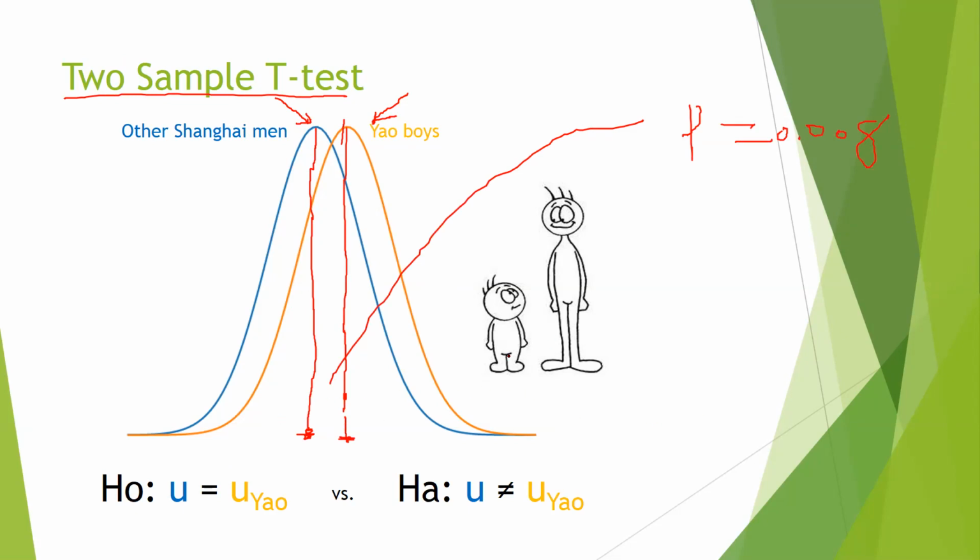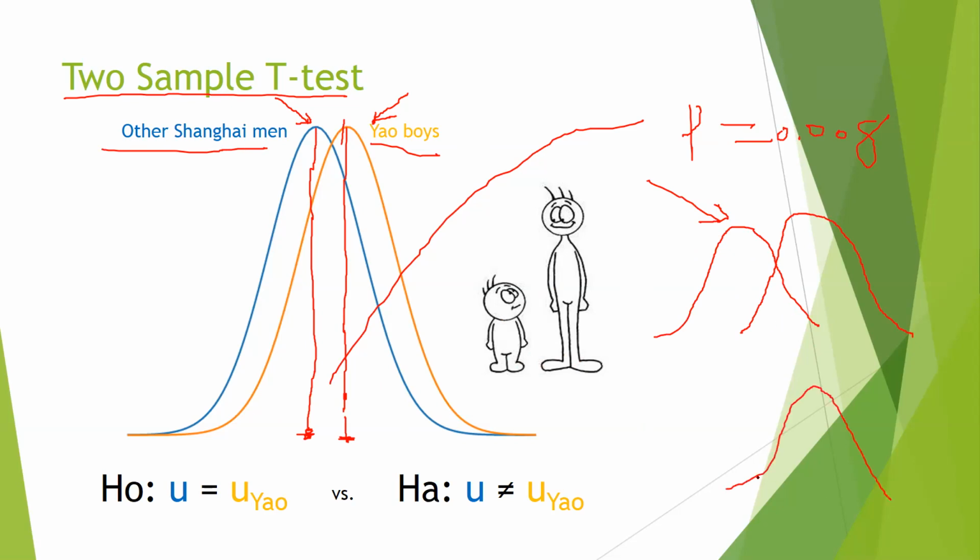That means there's a real difference between the Yao family and other families, right? Is that correct? So we are looking for significant results. We are looking for something that can show us two significantly different distributions, right?